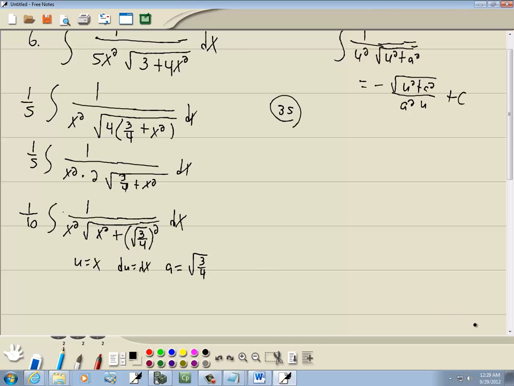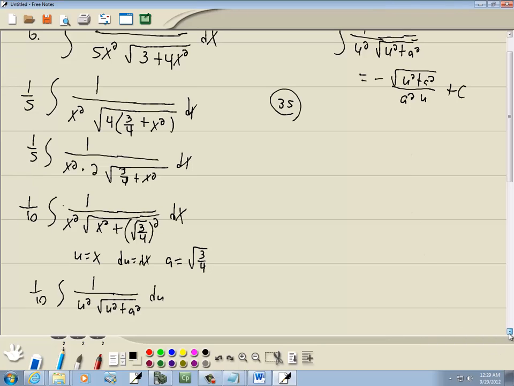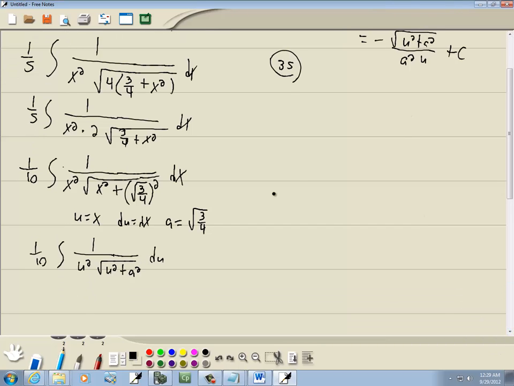Okay, so now if we do our substitution, this becomes 1 over u squared, and then this is the square root of u squared plus a squared du, which matches our formula exactly. There we go, a squared. Okay. So then this becomes 1/10 times negative square root of u squared plus a squared over a squared u plus c.